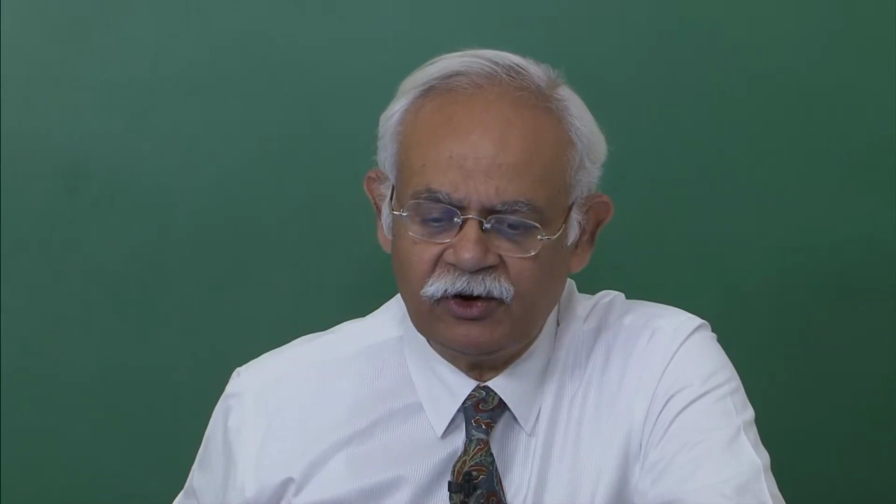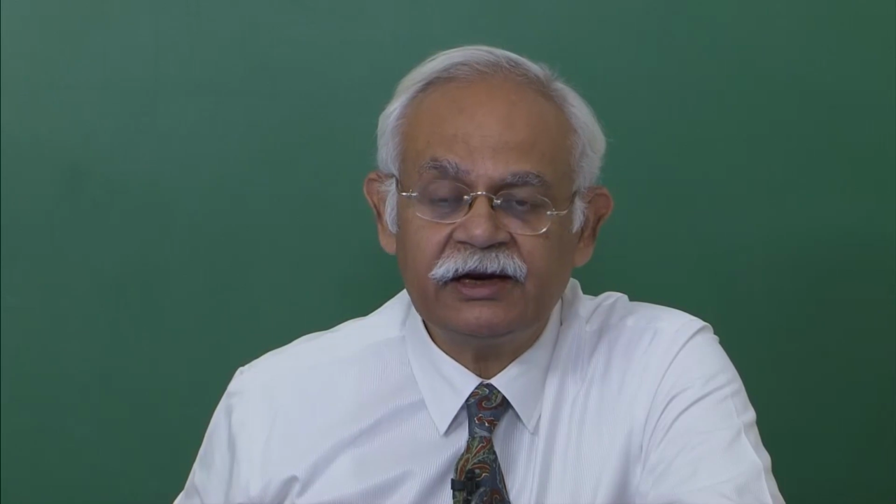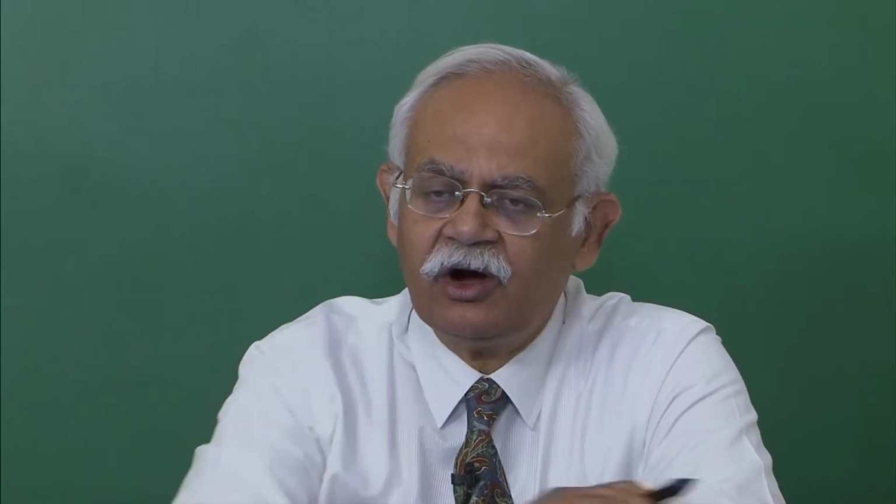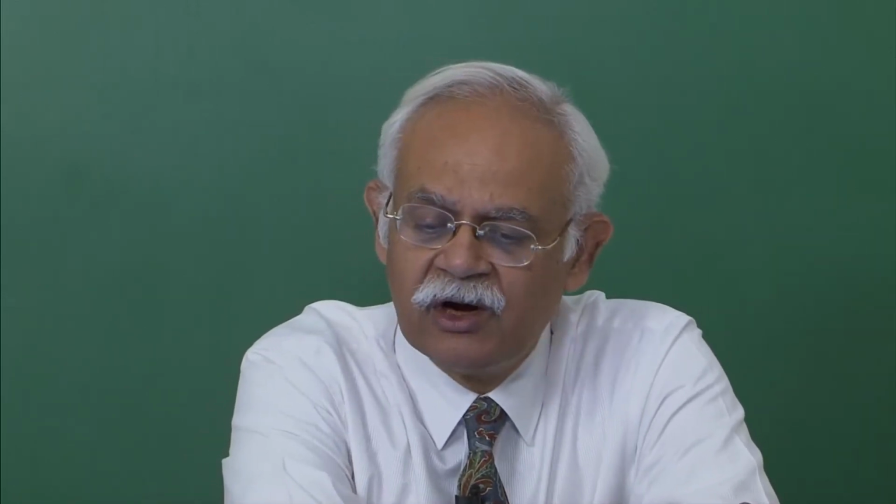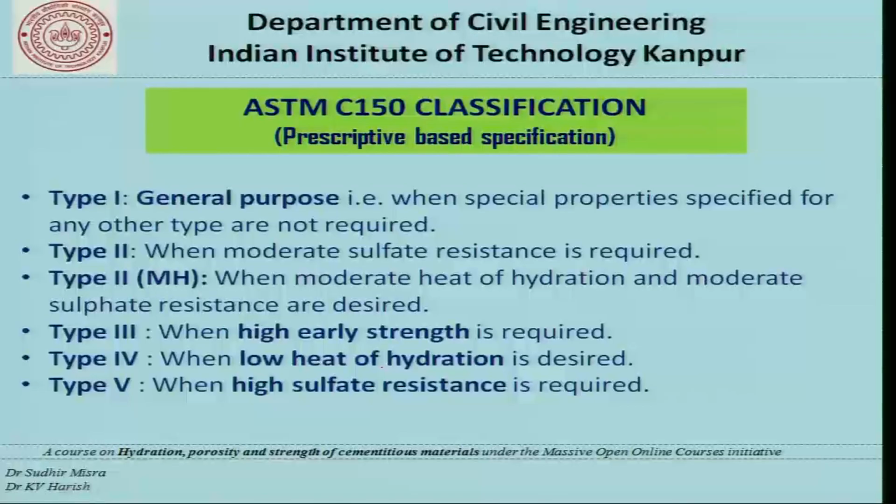Now before we move on to that, I would like to take time today to talk a little bit also about the classification of cements. Here we show the ASTM C150 classification of cements, which is a prescriptive based specification, and we can see that cements have been divided into 6 types of cement: type 1, type 2, type 2 MH, type 3, type 4 and type 5.